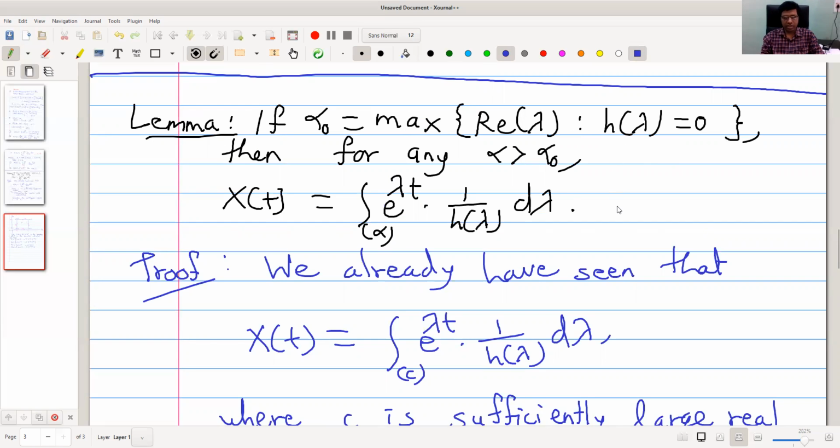It means if we consider the vertical line in the complex plane passing through alpha 0, then all the roots of h of lambda lie on the left side of that vertical line. Some roots may be on that vertical line, that's all, because real part of lambda means that vertical line.